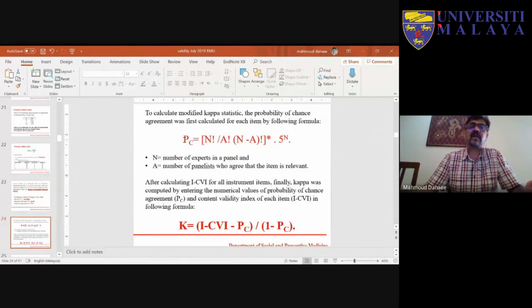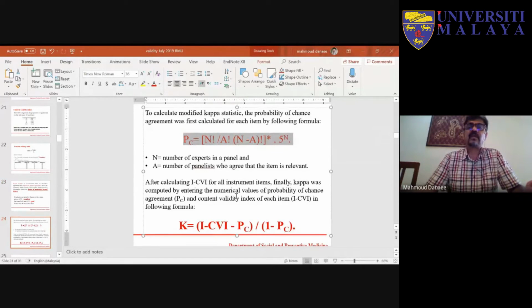This is the formula that you can use to calculate the Kappa. But of course, before using this formula, you need to calculate the PC, the probability of chance agreement.